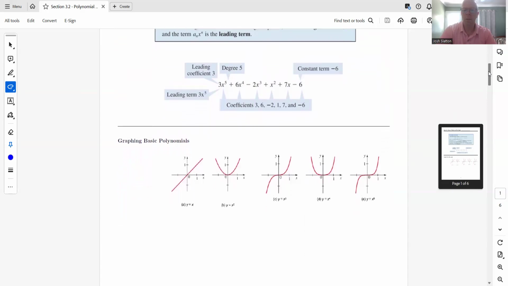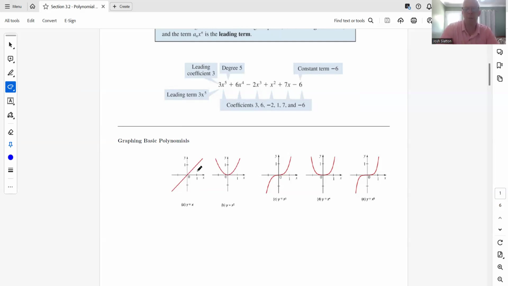It's a good idea to make sure you know these basic graphs. So these are all the polynomials getting higher up in degree. So you have y equals x, x squared, x cubed, x to the 4th, x to the 5th. Notice, excluding this one, although we could kind of talk about that one as following the pattern as well.